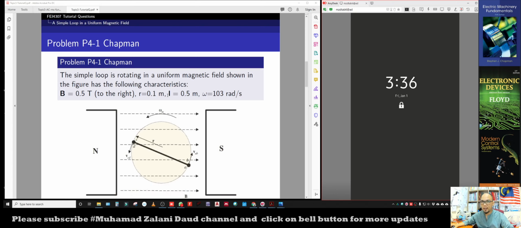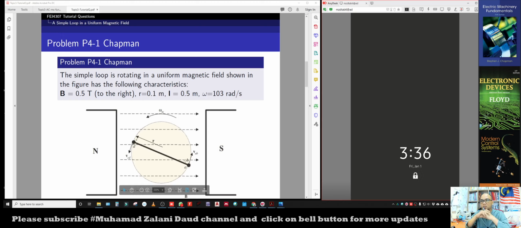Then L, the length of the segment, for this B segment is 0.5, and similarly at the C segment we also have L, which is 0.5. The mechanical angular speed of this machine is 103 radian per second. So all of the values have been given.